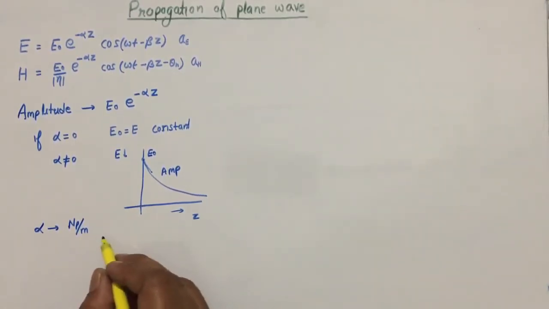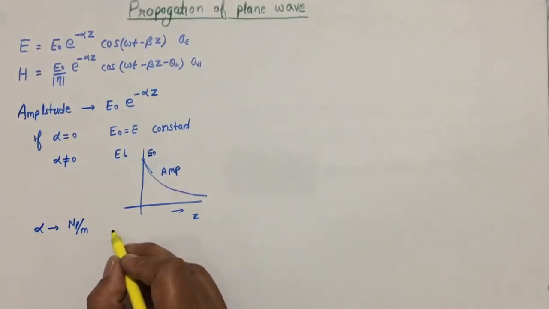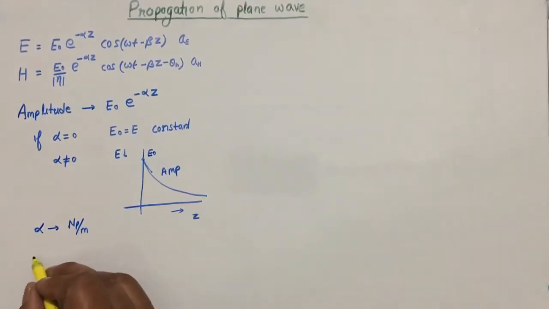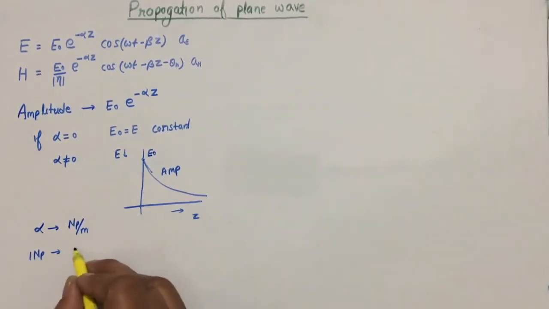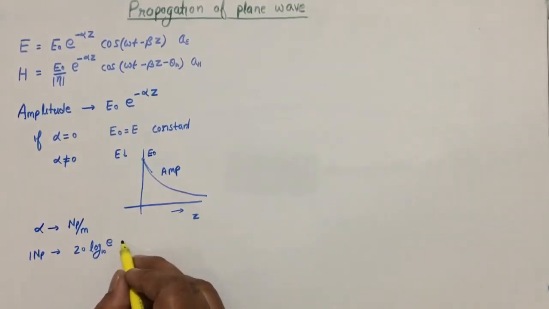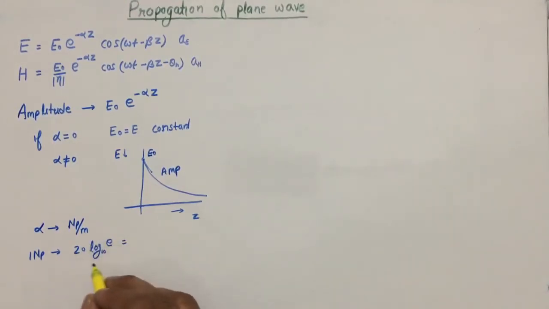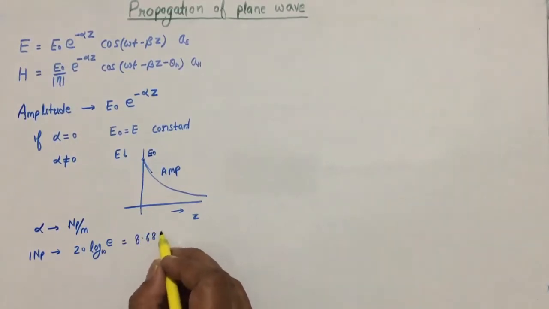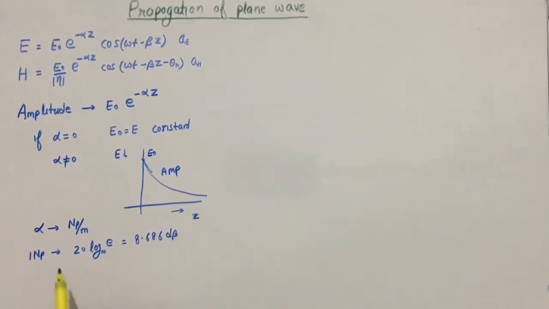Np is nothing but Neper. It is also represented in decibel. 1 Neper is equal to 20 log base 10 of e decibel, which if we solve, will be 8.686 decibel. So the unit of alpha is Neper per meter or decibel.